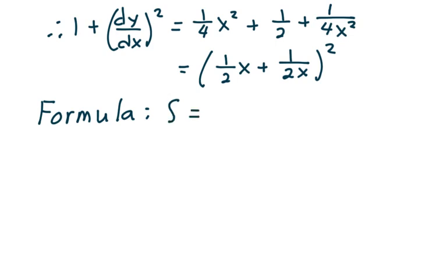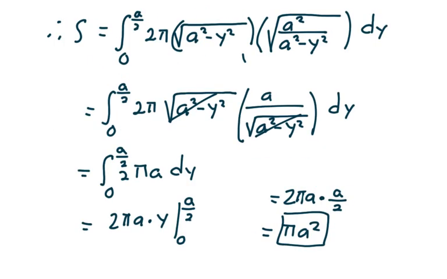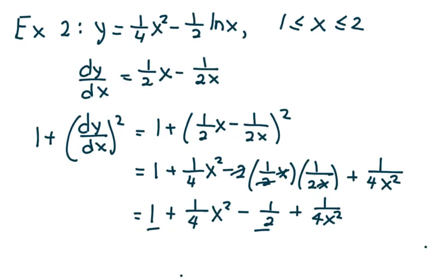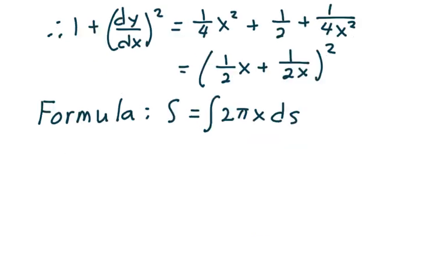is S for surface area is the integral. Now, remember we're revolving the curve about the y-axis, so it's going to be 2 pi x ds. But this time, if you look back at the question over here, y is a function of x.